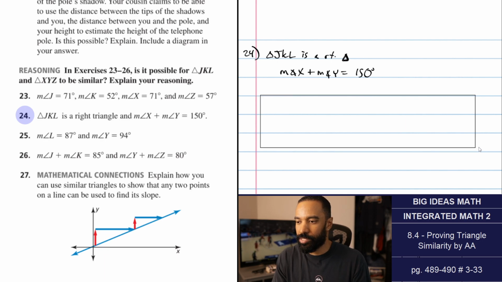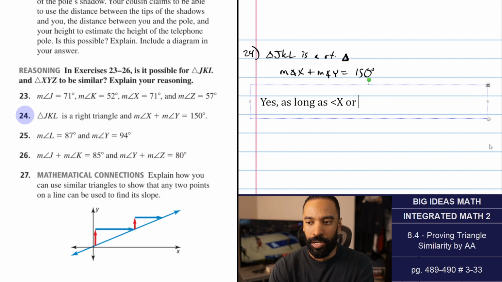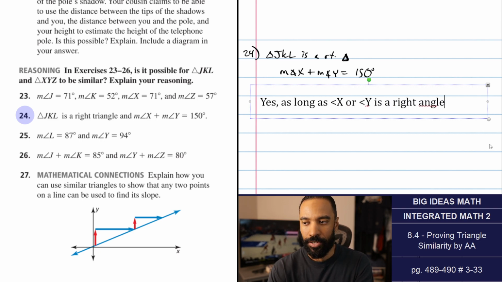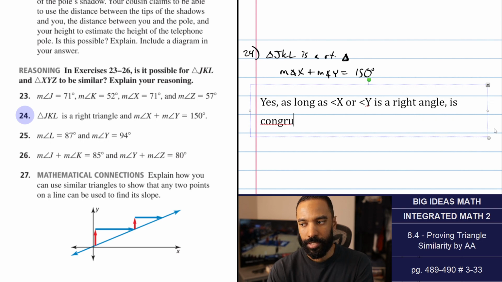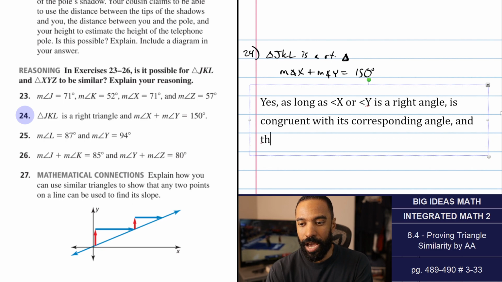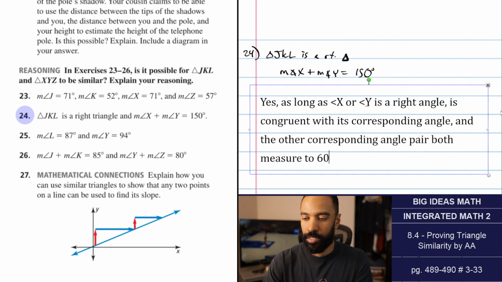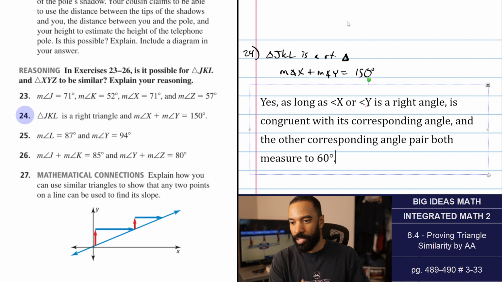So, yes, as long as angle X or angle Y is a right angle, is congruent with its corresponding angle in the other triangle, and the other corresponding angle pair both measure 60 degrees, because 90 plus 60 is 150.